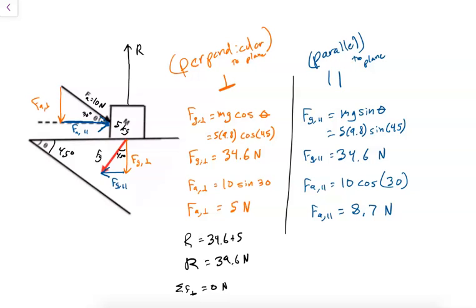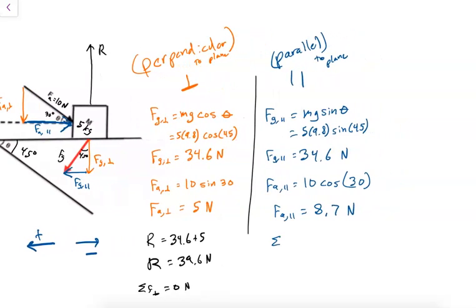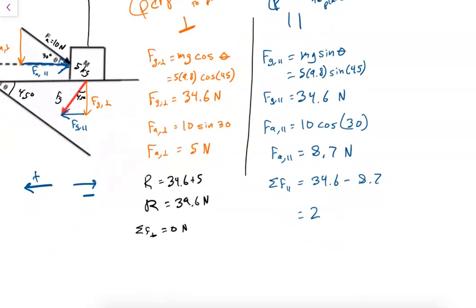So I'm saying that since gravity is going to win out on this force, down the slope is going to be positive and up the slope is going to be negative. And so I'm going to say that my net force in my parallel direction is equal to 34.6 minus 8.7. And what is that? That's 25.9 newtons. That's my net force in my parallel direction.